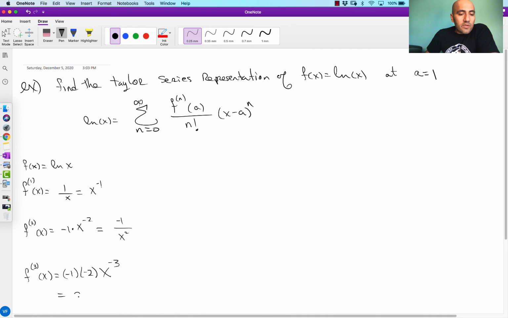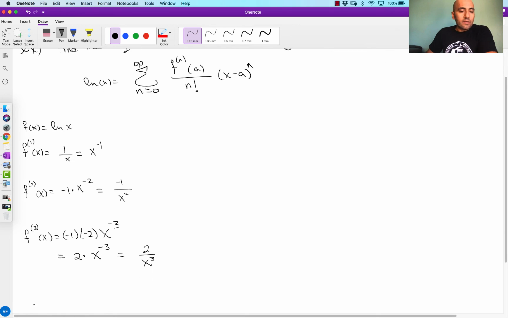So this guy just becomes 2 times x to the power of negative 3, or we can rewrite it as 2 over x cubed. Let's keep going, a couple more, see if we see a pattern. And maybe for the sake of the pattern, I probably shouldn't have gotten rid of that 1. So that's really a negative times a negative becomes a positive, but I'm just going to leave the 1 there so that we can see a pattern.